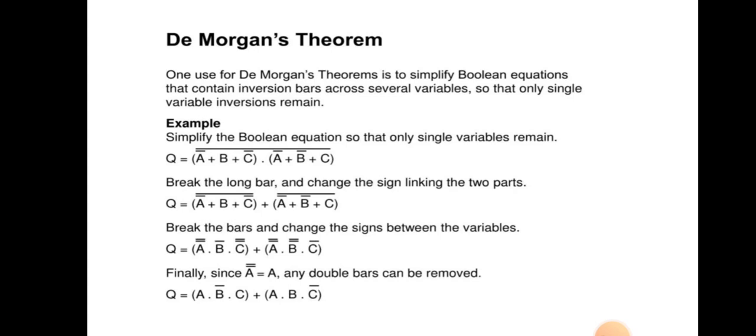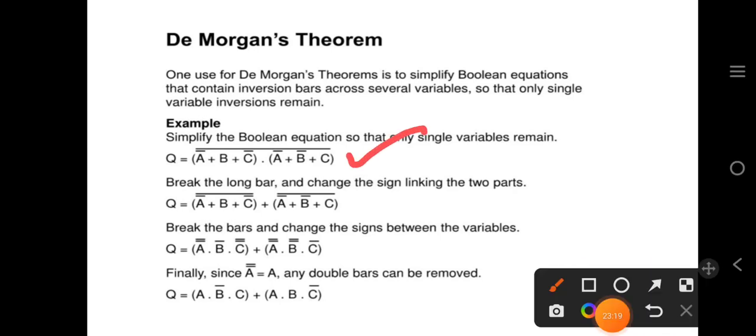So what we have to do is break all the common bars and take the bar to a single variable. See this first equation, here there is a common bar over the complete equation. So the complete bar is given to two main brackets. So we will split this bar and we will change the symbol. In place of this dot, we will write the plus symbol.